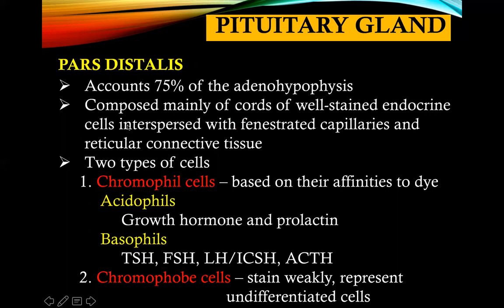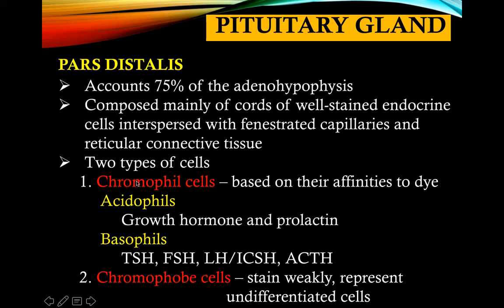And in the pars distalis, there are two types of cells: the chromophil and the chromophobe cell. As the name implies, chromophil cells have affinities to dye. And that dye basically is your acidophil and basophils. For the acidophils, there are two hormones that are being secreted by the acidophilic chromophil, and that is your growth hormone and prolactin.